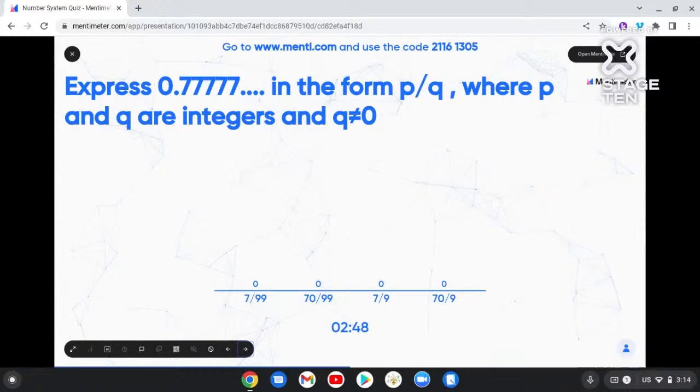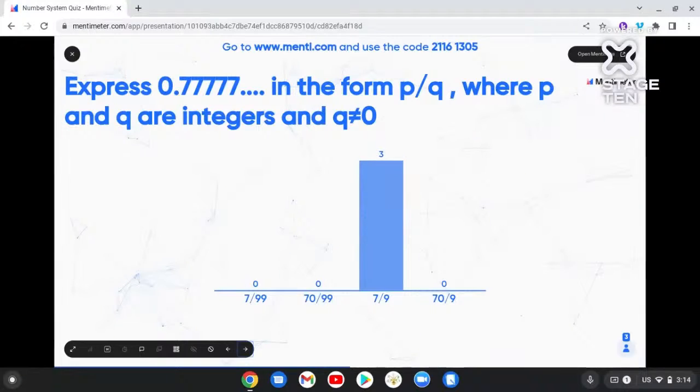What will it be? Think about it. You have to solve it. We put the value of x, this is x, and so on. Okay, I can see everyone has answered, and very good, all of you gave the correct answer, that is 7 by 9.